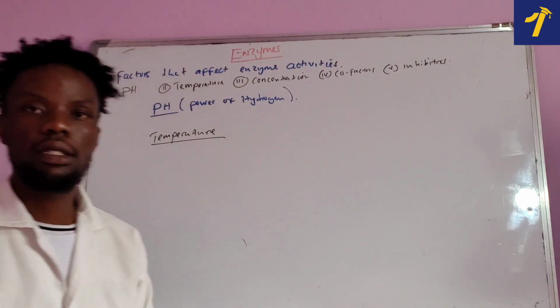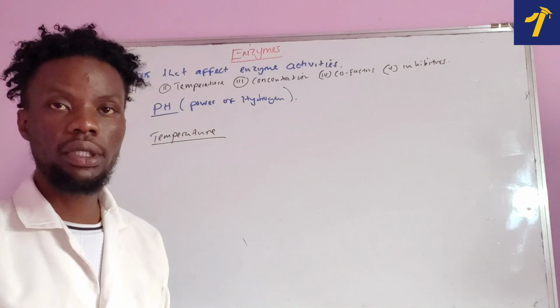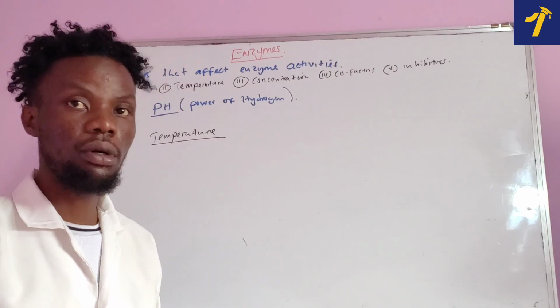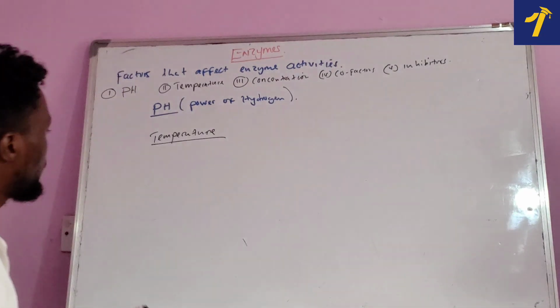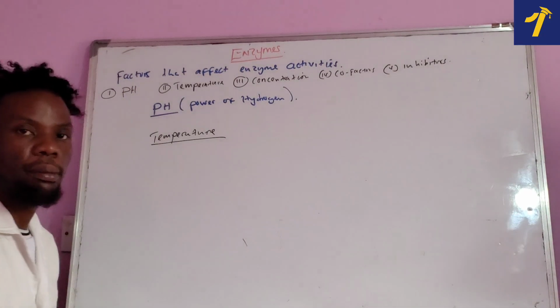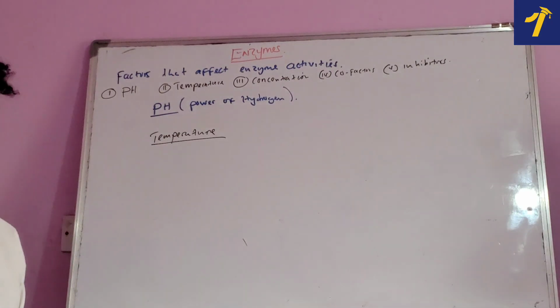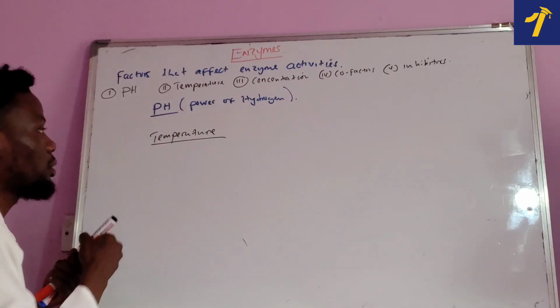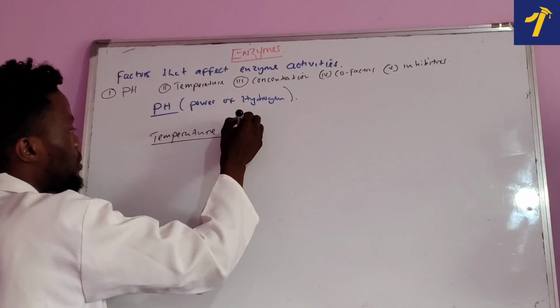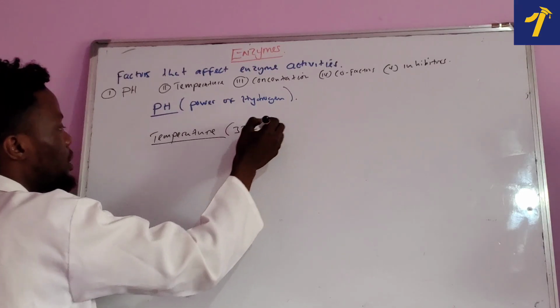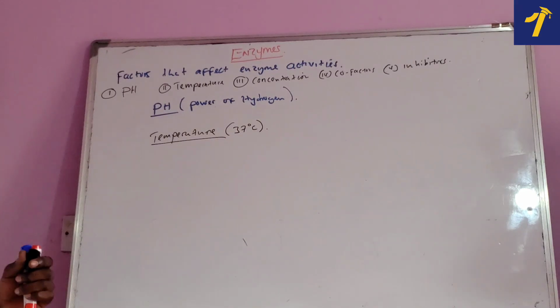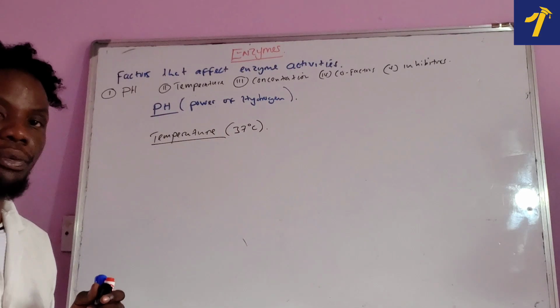Remember that temperature is the measure of how cold or hot a substance is. That's what we call temperature. Now, the optimum temperature within our body is around 37 degrees Celsius. That's the normal body temperature that we need to remember.